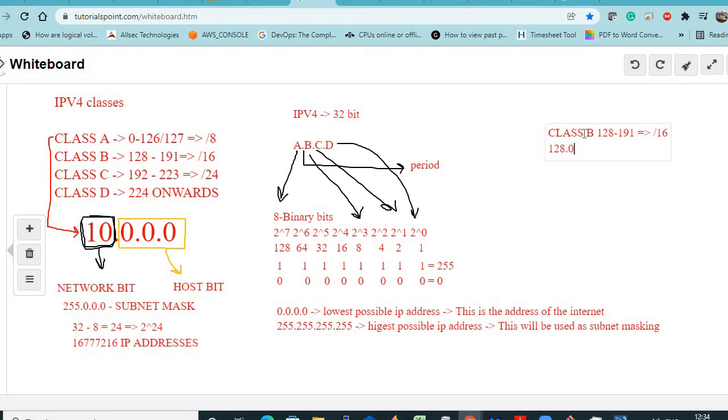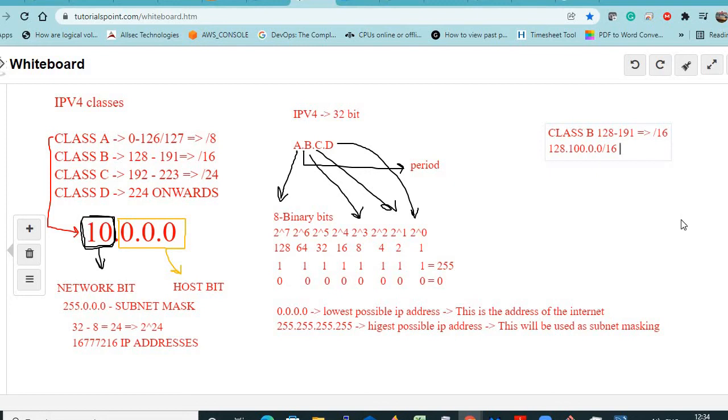So 128.100.0.0. I will explain why I took 100. Then /16 like this.